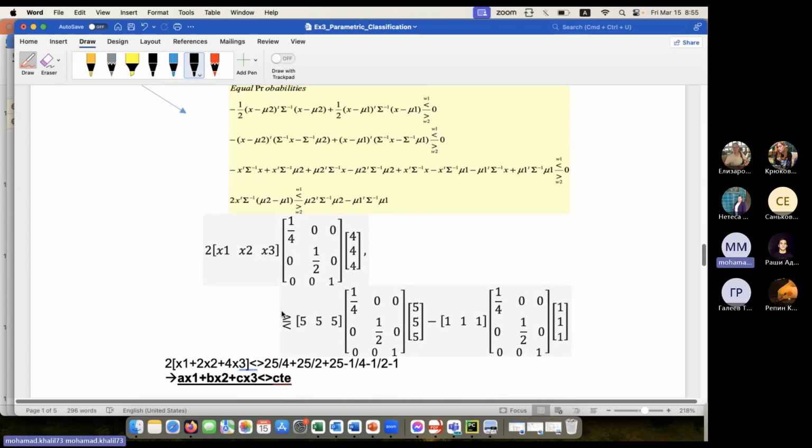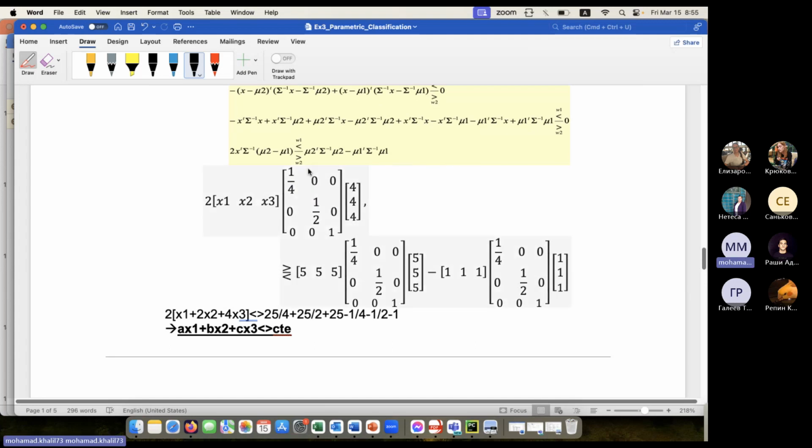Less than or greater than of mu2 transpose sigma minus 1 mu2, where mu2 is 5, 5, 5, minus mu1 transpose sigma minus 1 mu1. If you develop everything, it's very easy. You multiply this times this, you have 1, 2, 4. The vector 1, 2, 4 multiplied by x1, x2, x3 gives you 1x1, 2x2, 4x3, times 2, less than or greater than.